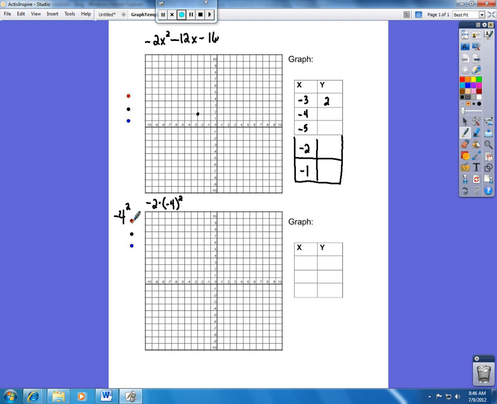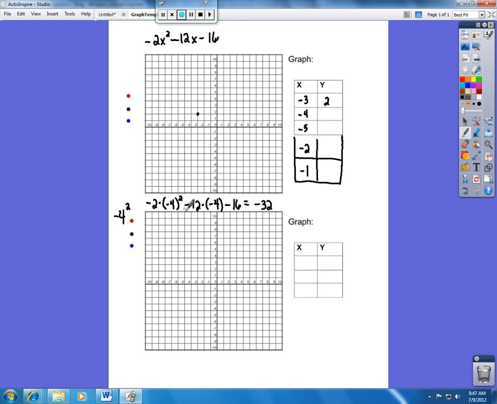All right, so then we've got -12 times -4 and -16. Right, so if we work this out, (-4) squared is again -4 times -4, so that's +16. And +16 times -2 is -32.